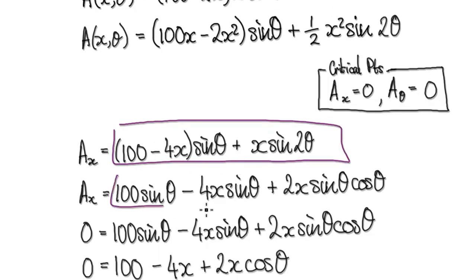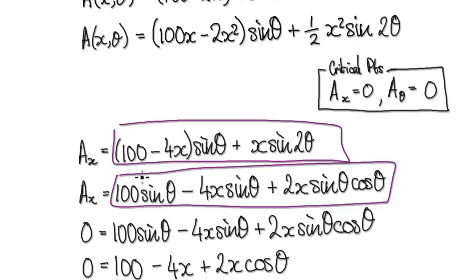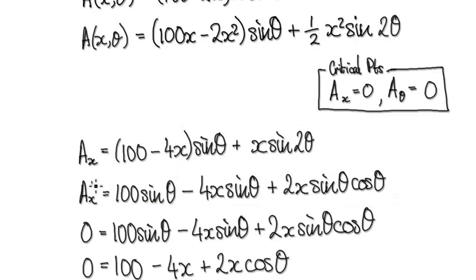That will take you to here. We demand that this thing must equal 0, because we're trying to find the critical points. Critical points occur when this equals 0 and this equals 0. So we want this whole thing to be 0. So set this to be 0, and that will take us to here.